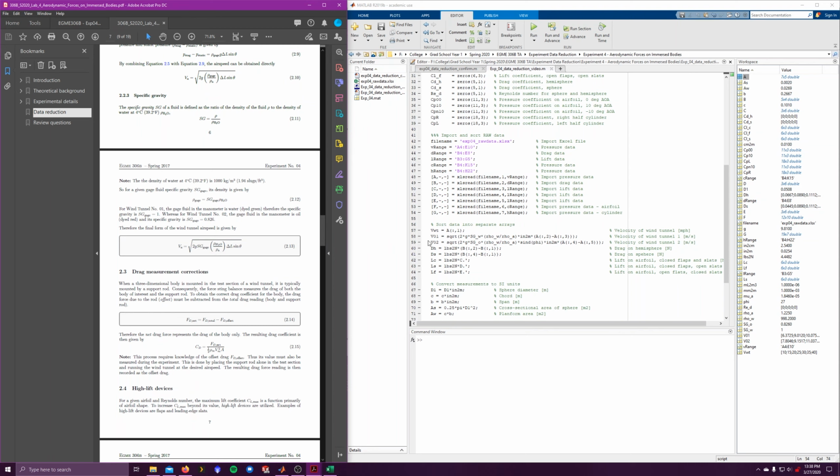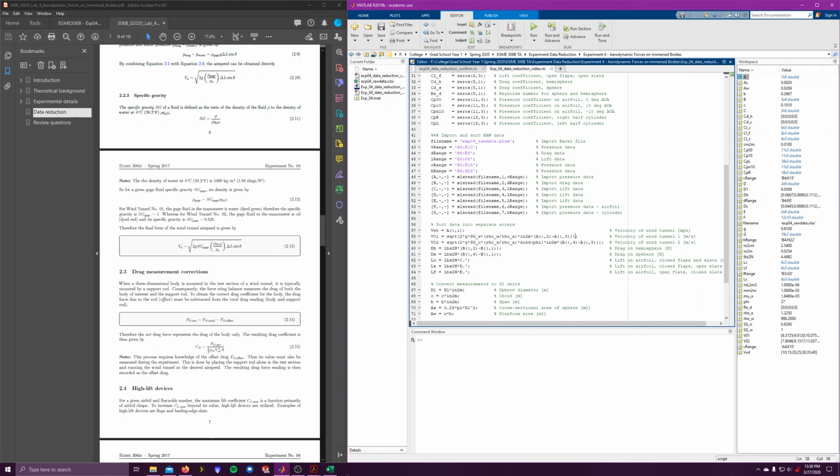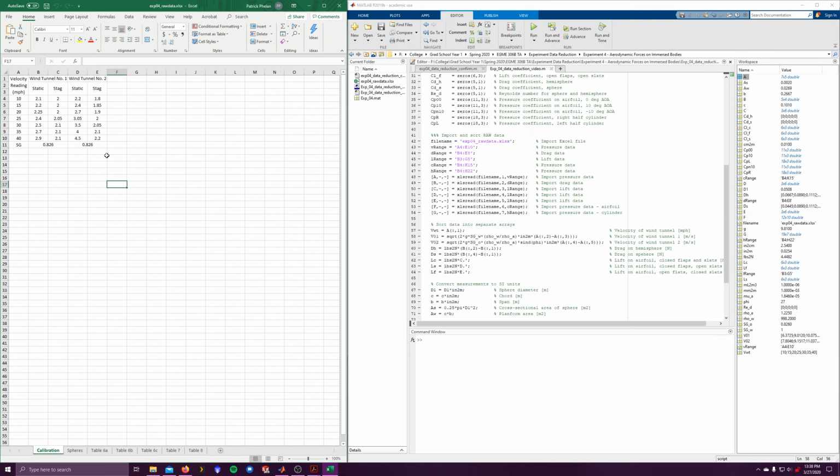We're going to convert that to meters. And then we're multiplying it by a change in height that we have, which, let's go back to Excel now, is going to correspond to our static pressure head and then our stagnation pressure head. Okay, so we're doing static minus stagnation right there.